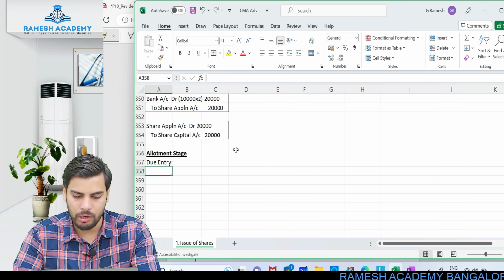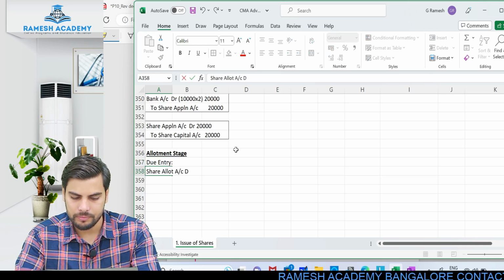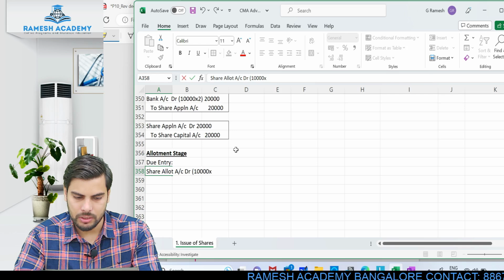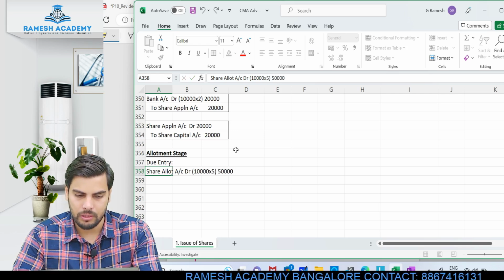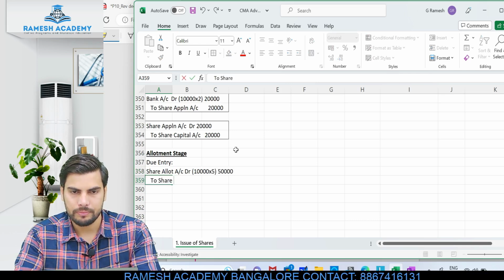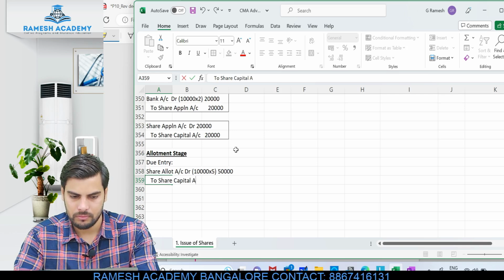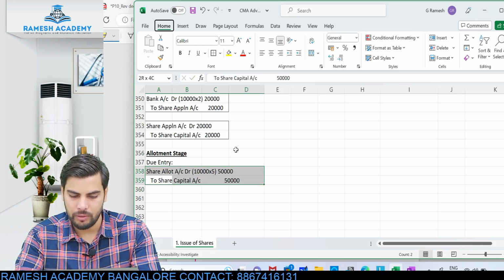So what would be the due entry? The due entry would be like this: share allotment account debit, 10,000 shares into 5 rupees, so this would be 50,000, to share capital account, 50,000. This would be the entry.